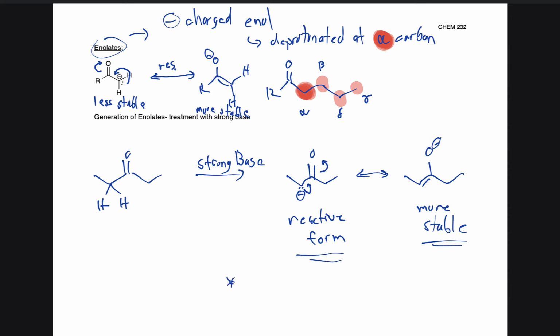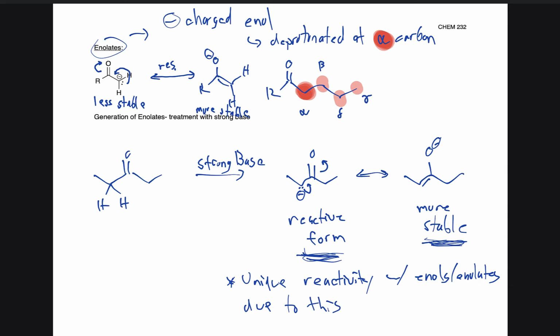Which is interesting, because this is the more stable form, but for it to actually react, it needs to undergo this change to get to the reactive form. So this leads to unique reactivity of enols and enolates due to this resonance issue, quote unquote. And we'll see examples of this as we go through.